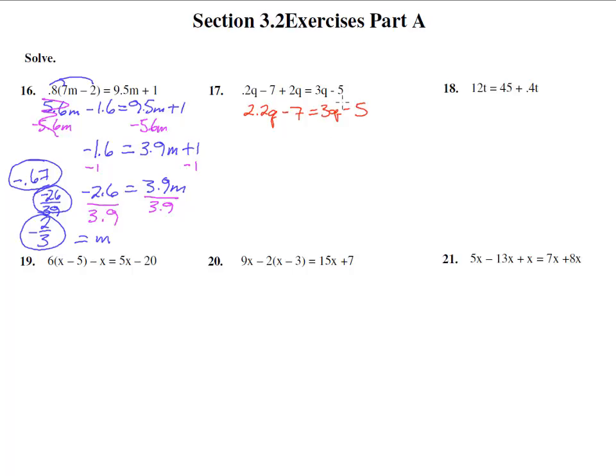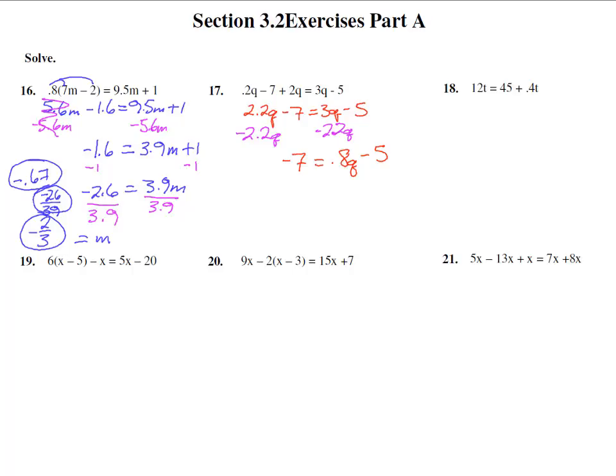We still have multiple q's that we need to get together in one place. So we've got to pick, should we subtract off the 2.2q or subtract off the 3q? Let's subtract off this 2.2q here, minus 2.2q there, and we get negative 7 on this side equals 0.8q, that's 3 minus 2.2, minus 5.